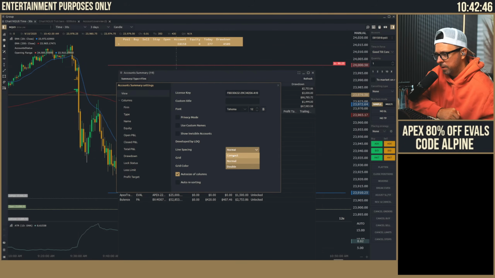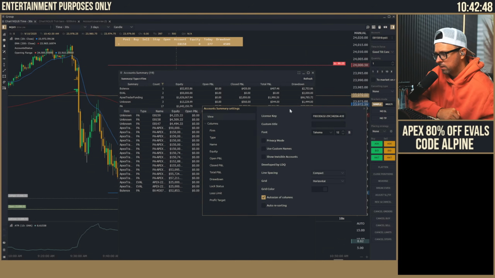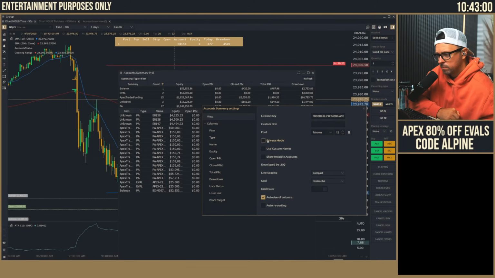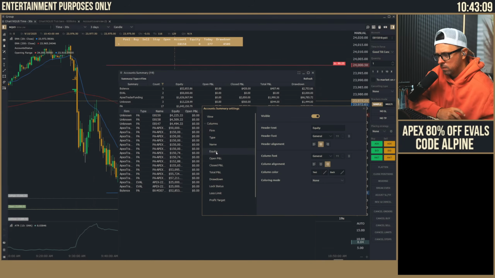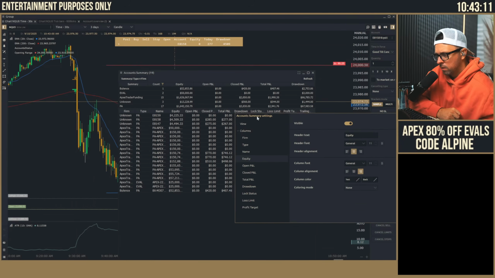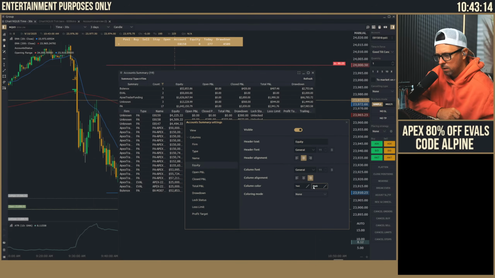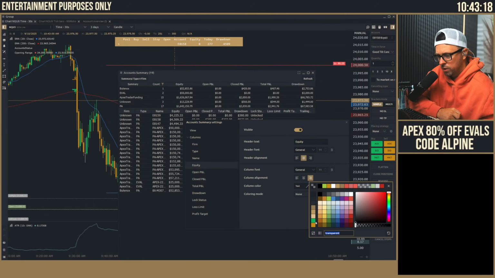All right, line spacing, compact. Yeah, it's gotta be compact. Equity. I think equity was what I had in green.